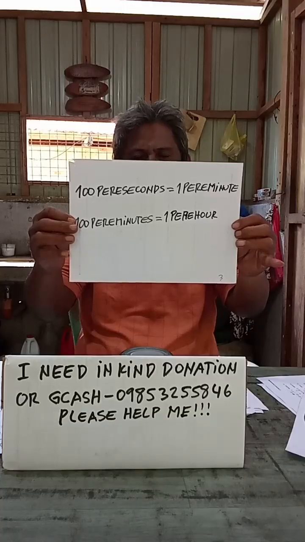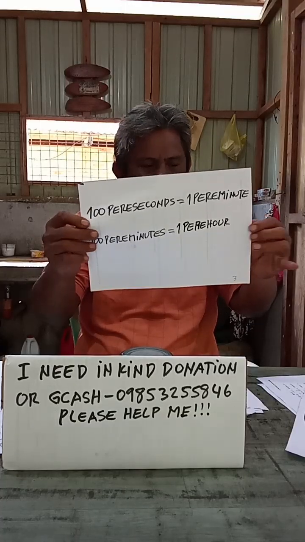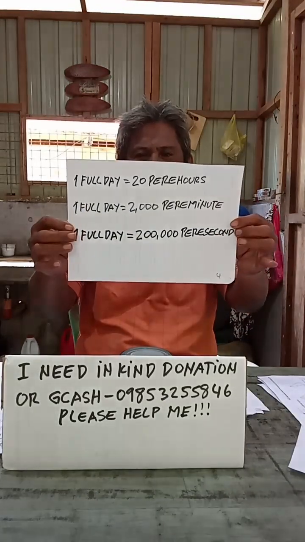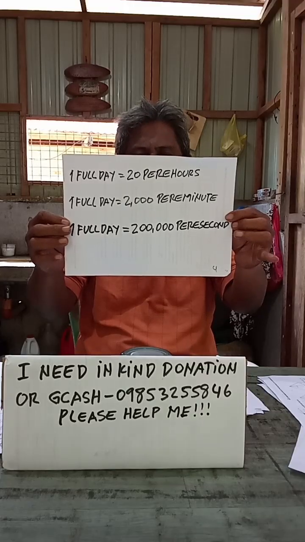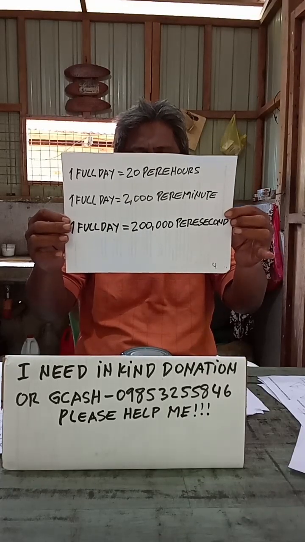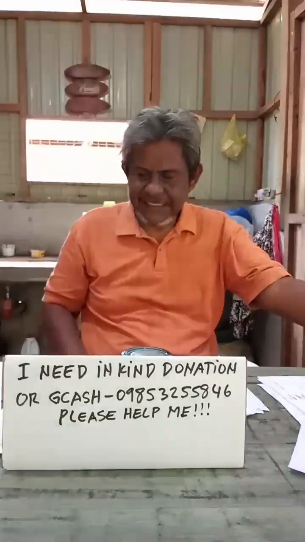And 1 hour is composed of 100 minutes. Okay. The full day of the Peregrino Sienes Time. 1 full day is 20 hours. 1 full day is 2,000 minutes. And 1 full day is 200,000 seconds.